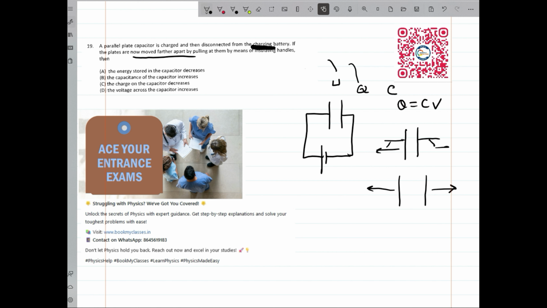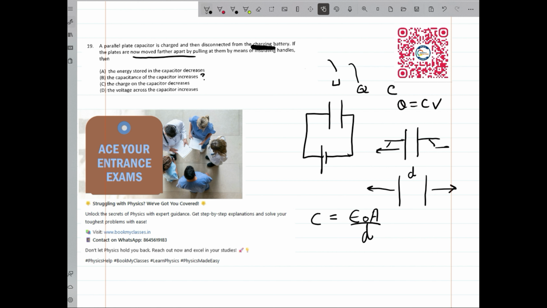What are you supposed to find out? Let's see. It says the energy stored in the capacitor decreases. We have to think. The capacitance of the capacitor increases. So this one is easy, right? We know the capacitance of a parallel plate capacitor is given by epsilon naught A by D. What you're doing is increasing D, because the distance between the plates is going up.